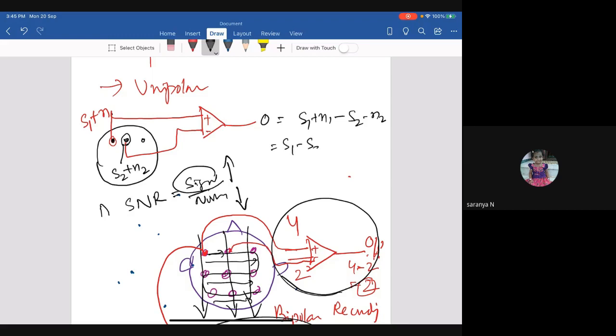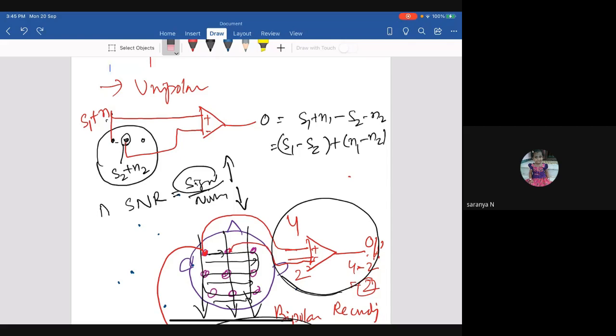S1 minus S2, plus N1 minus N2. As I told you, N1 and N2 are mostly common source noise. If there is some noise over here, both are the same. So I can cancel N1 and N2.